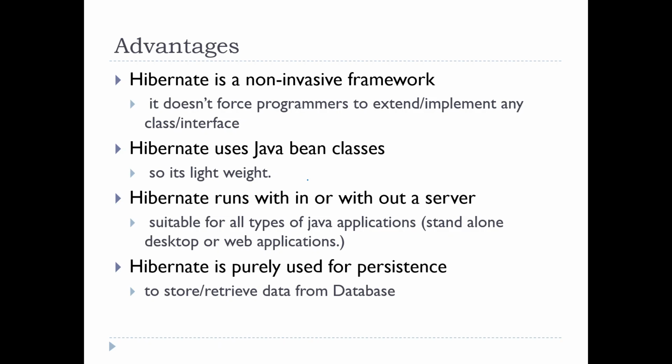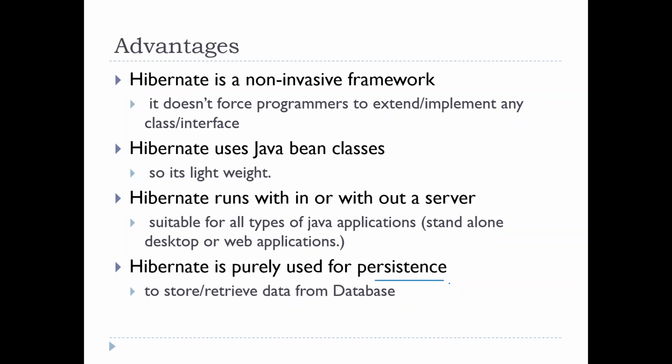Then Hibernate runs within or without a server. So it is capable of running without a server as well. So it is suitable for all types of applications. So we can use it for creating desktop applications, or we can also use it for creating web applications.